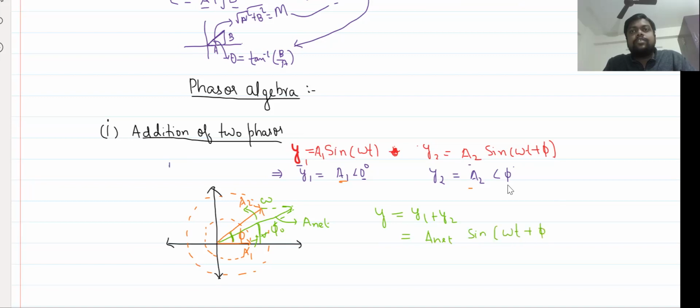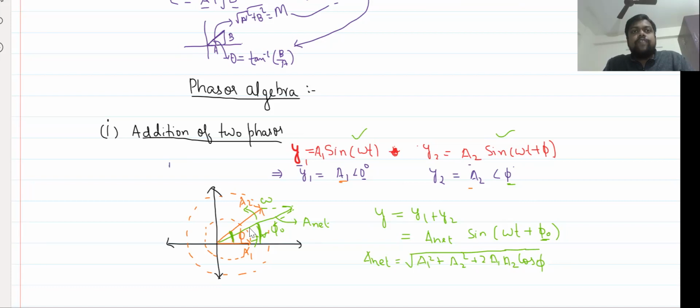Instead of the initial phase phi, we now write phi naught. And A net can be found using the vector method of addition: root over A1 square plus A2 square plus 2 A1 A2 cos of the angle between these two. The angle between these two is phi, that means the phase difference. Phi naught also you can easily find.